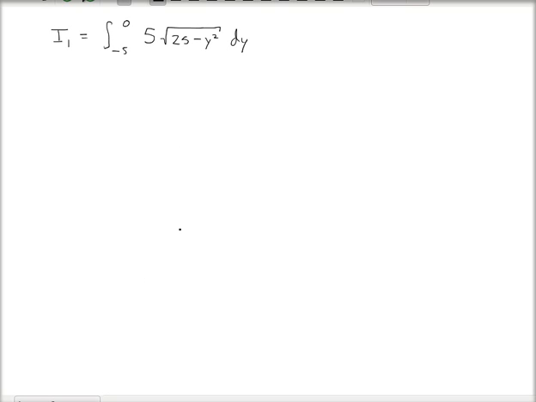I've rewritten that over here. For this integral, we're going to use trig substitution since I've got a square root of 25 minus y squared. I'm going to substitute y equal to 5 sine theta.